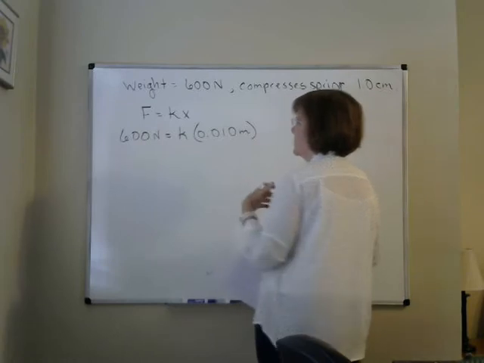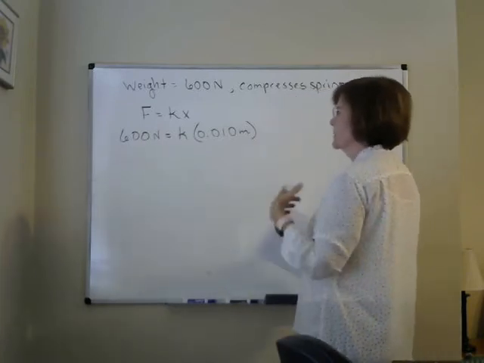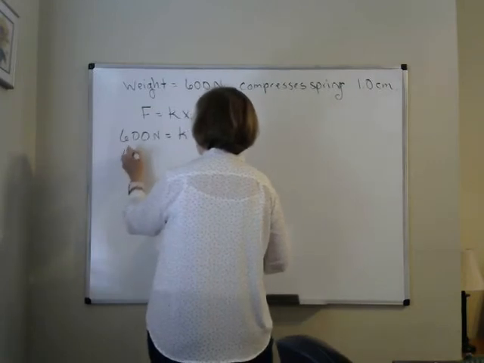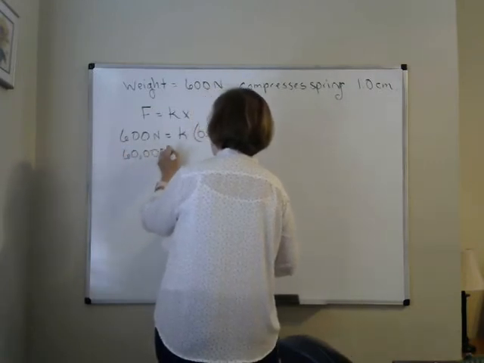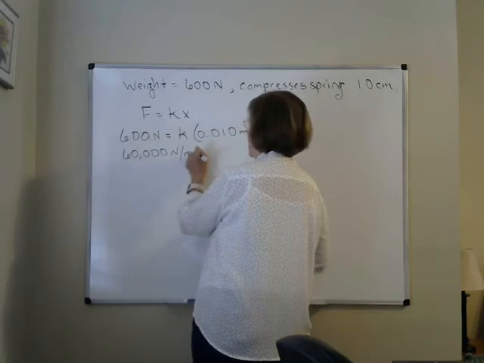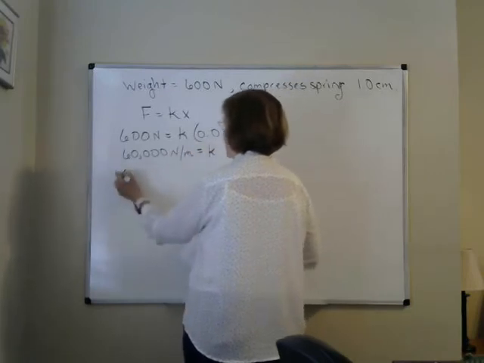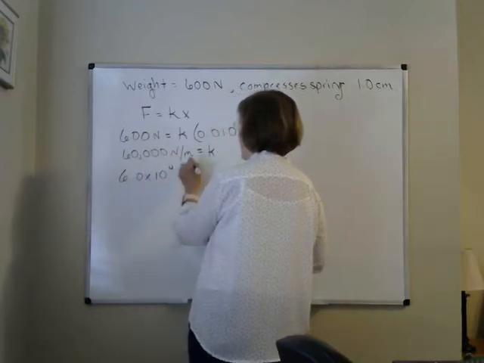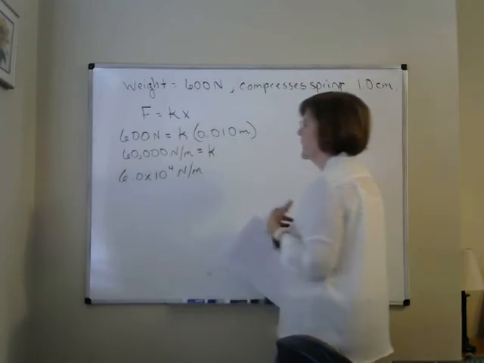So if I do 600 newtons divided by 0.01 meters, I end up getting 60,000 newtons per meter is equal to k. Or if you prefer, 6.0 times 10 to the 4th newtons per meter.